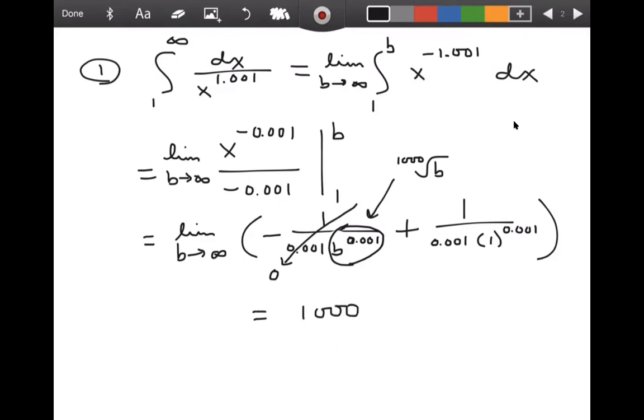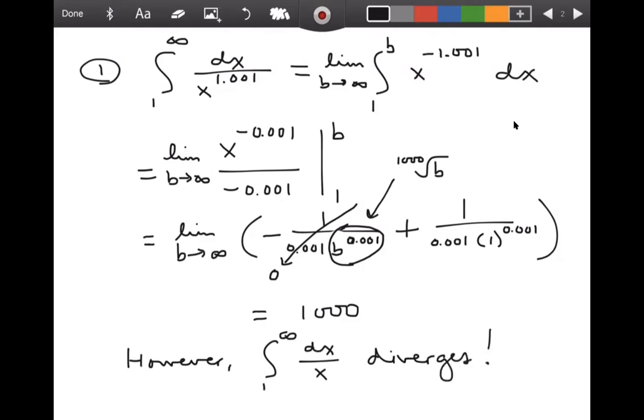All right, so this integral converges and its value is 1,000. Kind of an interesting and I think mind-blowing fact, and there's a reason I picked 1.001 here. Referring back to what we were talking about a little while ago, if I replace that 1.001 with a 1 and just talked about the integral from 1 to infinity dx over x, that integral diverges.